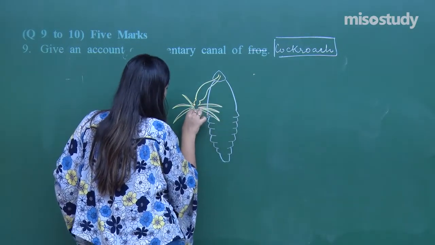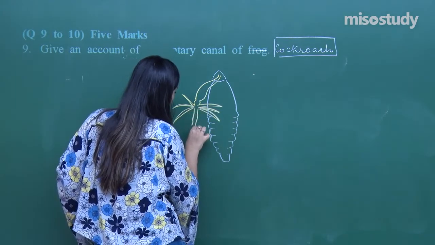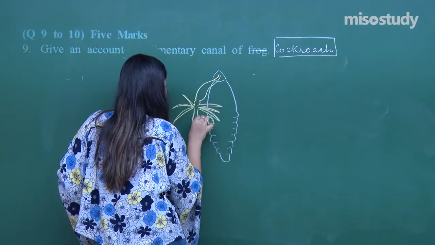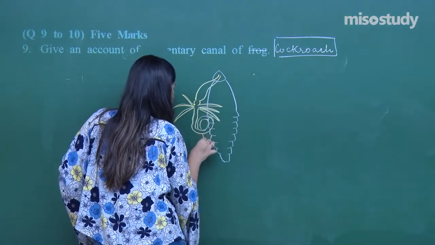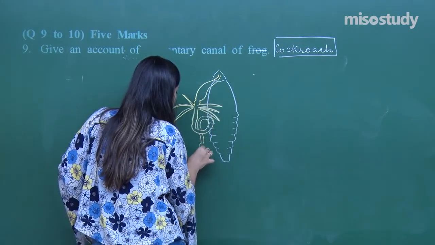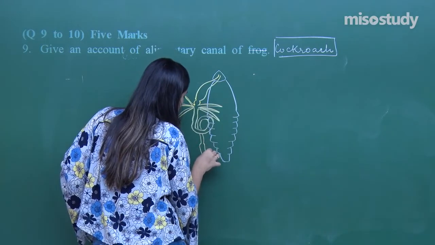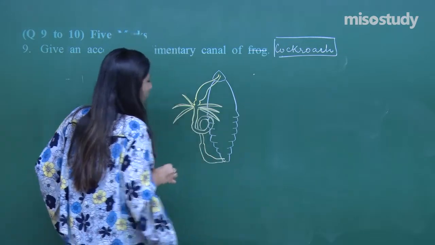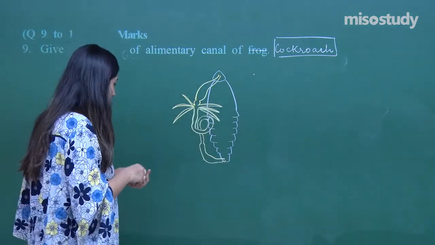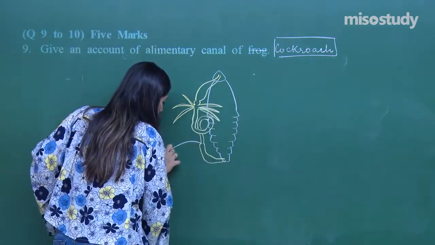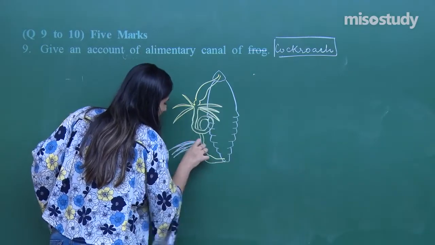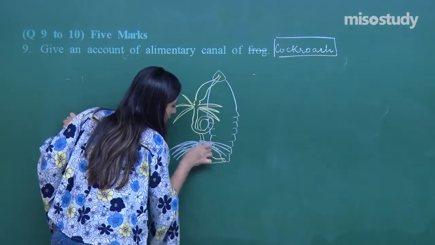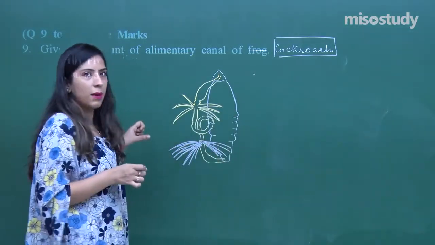Then we have the midgut present, which is also called the mesenteron. Then again a structure arises which is comparatively broader. In this part you can see fine thread-like structures, so many thread-like structures are present. We have studied about this.